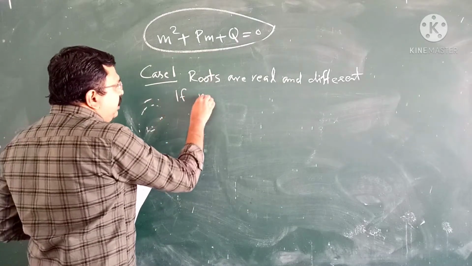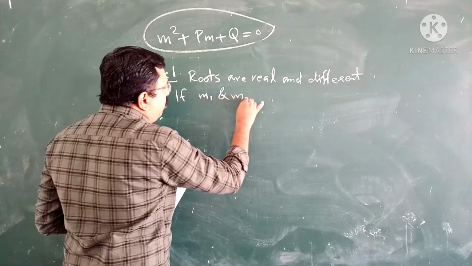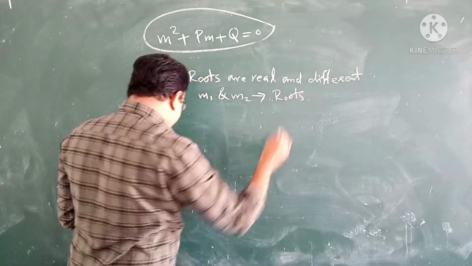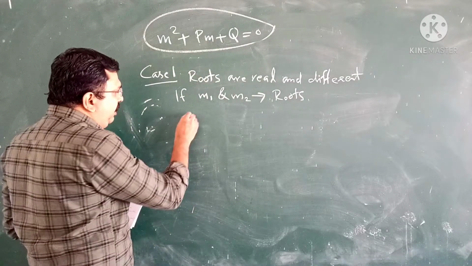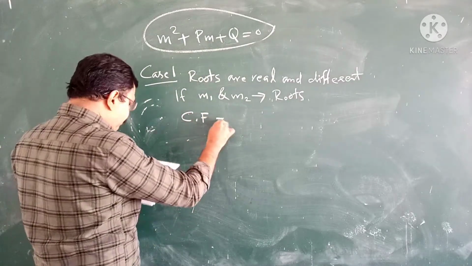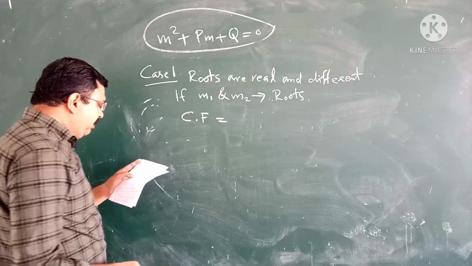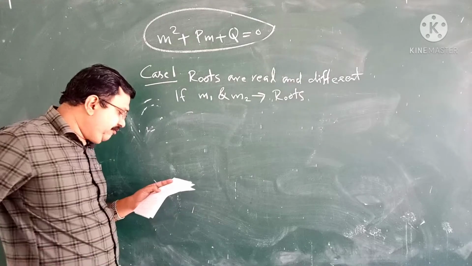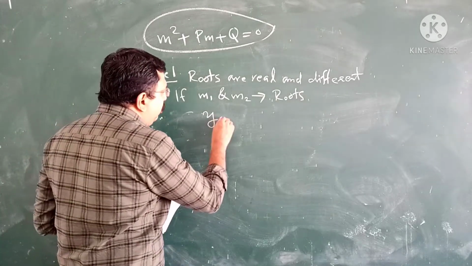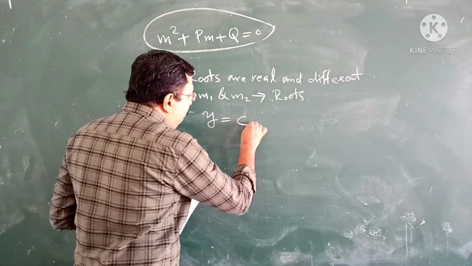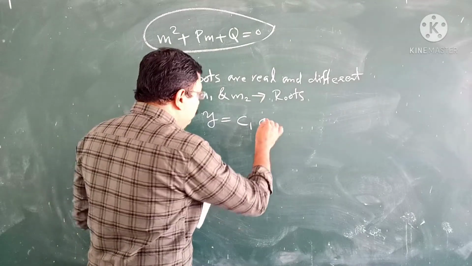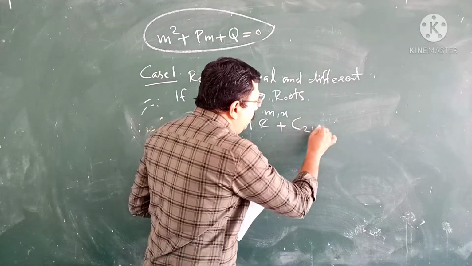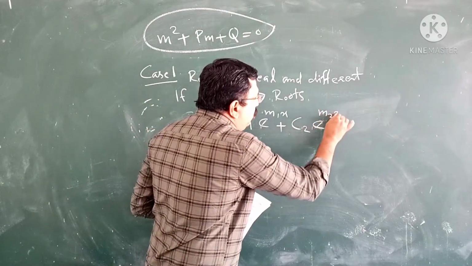If m1 and m2 are the roots, then the complementary function CF is y equal to C1 into e raised to m1x plus C2 into e raised to m2x.